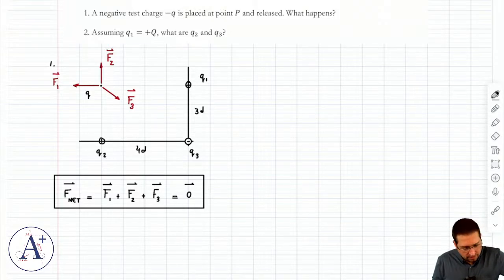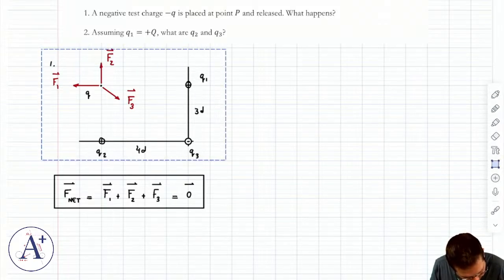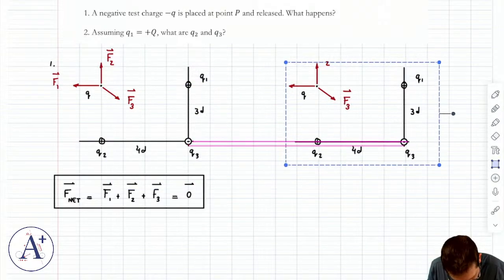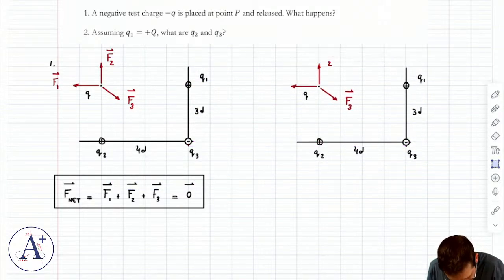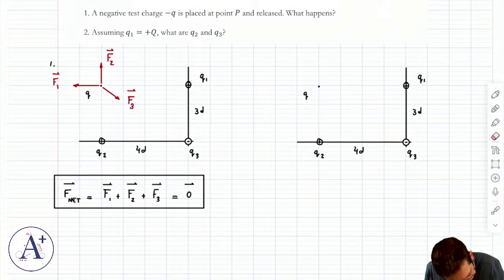Okay. Now what happens if instead I have minus Q? So let me make a copy of this thing here. Okay, and let's get rid of these. What happens if instead I have not Q, but minus Q?